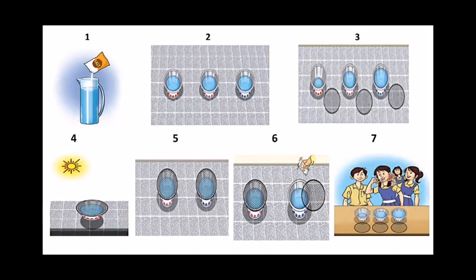Now children, after doing this activity, in which container do you think the water has increased or decreased? The water might have increased in the container which was kept in a room and continuously for 2 to 3 or 4 days fresh water was added to it.